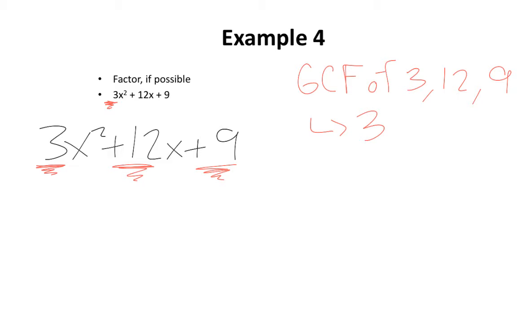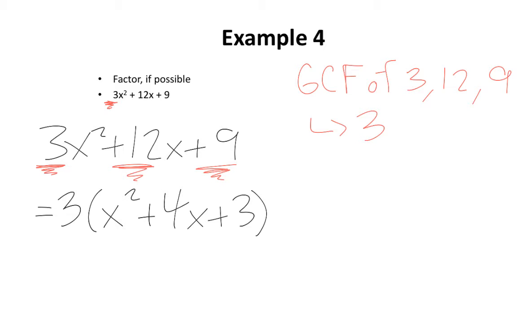Therefore, we're going to factor out 3 from all of these terms before we begin. So that becomes 3x squared, that becomes 4x, and that becomes 3. Remember, when we're factoring out something, we need to divide all of the terms by that factor, which happens to be 3 in this case.